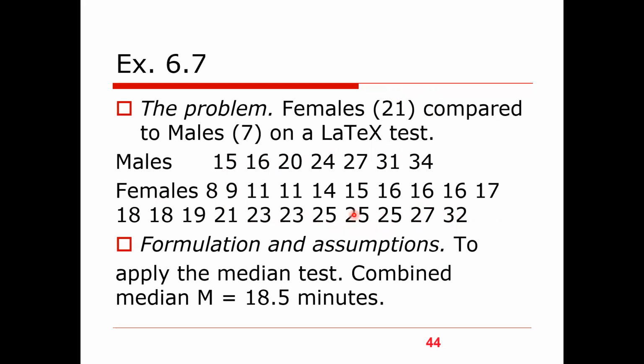So the question is, do these times indicate a difference between the median times taken by each gender? Okay, first we combine the two samples and get their common median, which is 18.5 minutes.